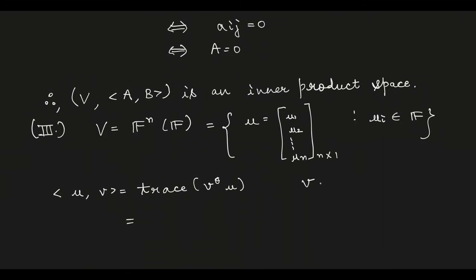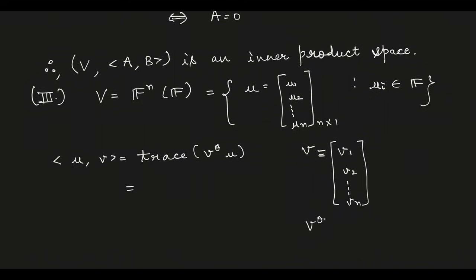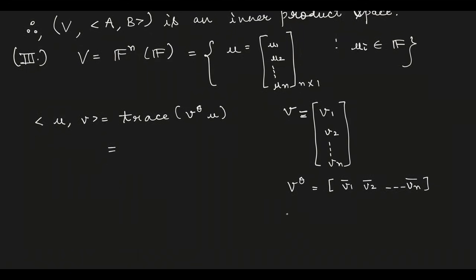If you take any vector v, v1, v2, so on till vn. Okay, so v theta, what will it become, tell me. v theta will be v1 bar, v2 bar in a row. Sorry, it will be a row, we will take the transpose.